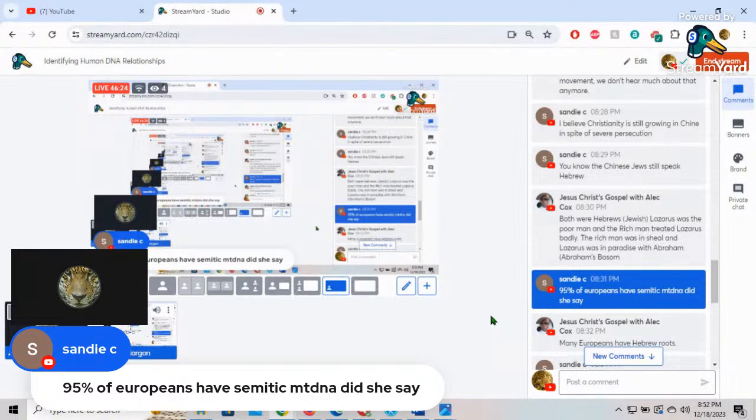And of course the mitochondrial DNA doesn't change that much, so it doesn't mean that they were necessarily descendants of Jews, because the mitochondrial DNA doesn't change as much as the Y chromosome DNA, because of course the mitochondrial DNA is a lot fewer letters.